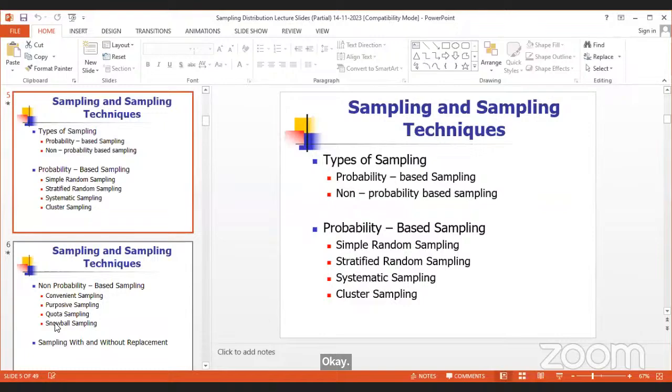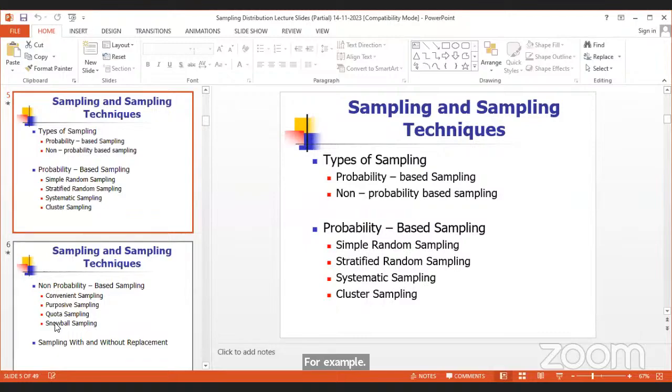However, in terms of effectiveness, simple random sampling might be disadvantaged, especially when the units have heterogeneous background. For example, I have a population that is mixed.